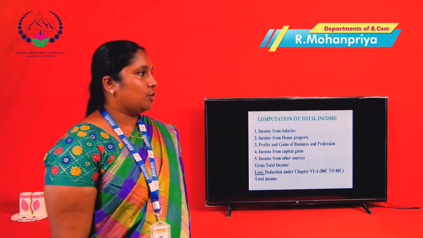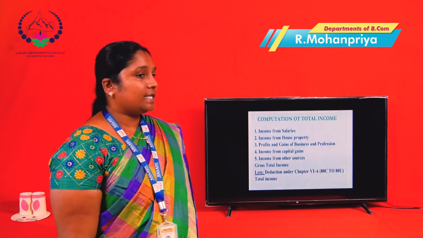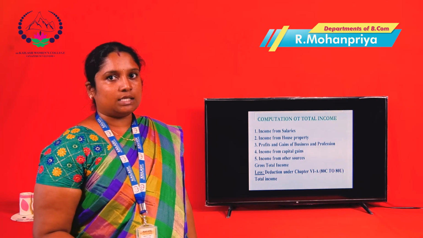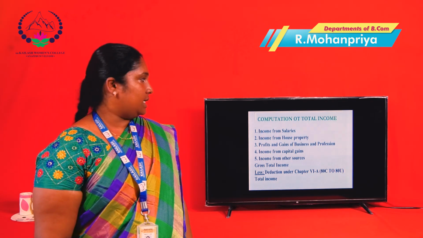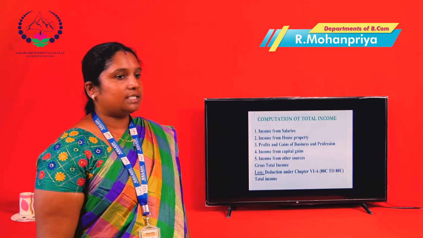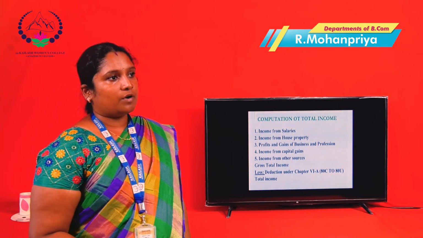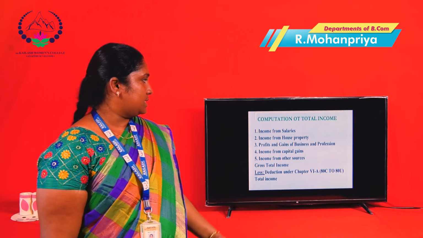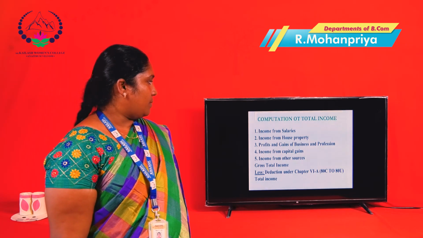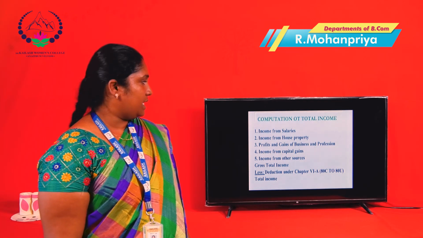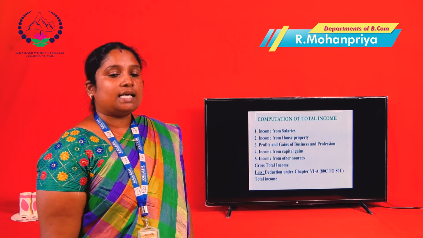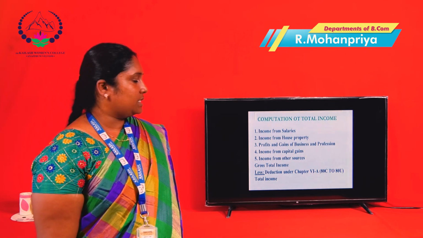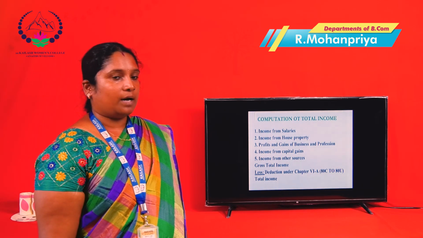The computation of total income. The first one is income from salaries. Salaries, any sum of money, that is income from salaries. Next one is income from house property. Income from house property is any house we rented out and received rent from the property. Next one is profit and gains from business and profession. Business and profession means any money we received from other persons.